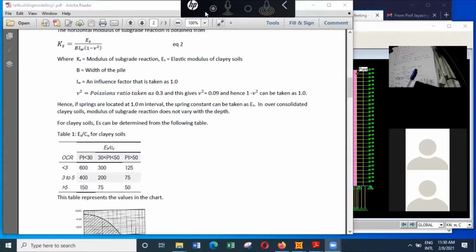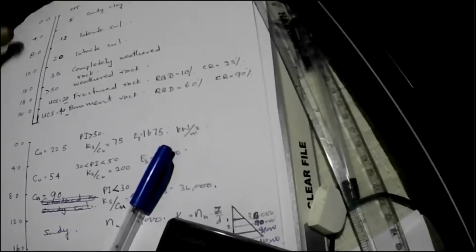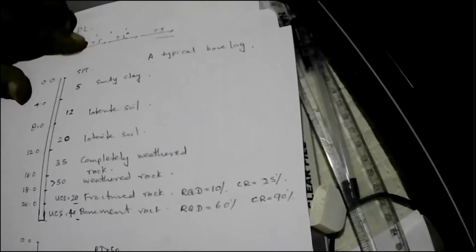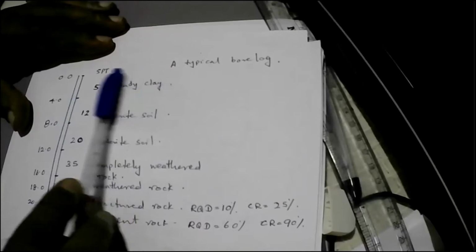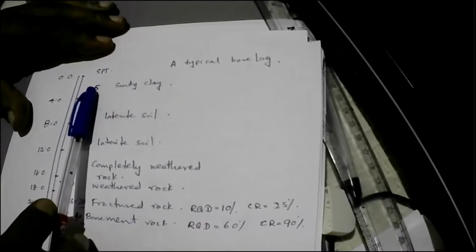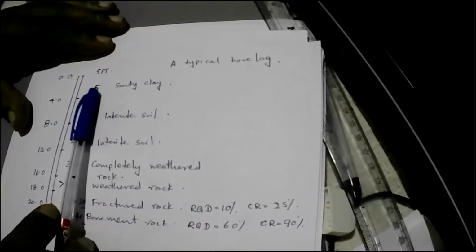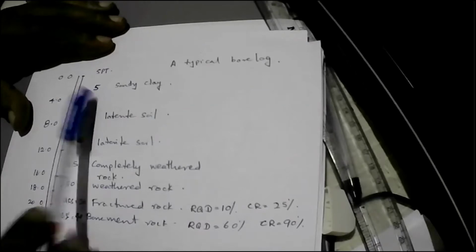and so let's take a typical bore log, but this is a bore log at a place where the soil is reasonably good, where you have something like, let's say, for the first 4 meters, fairly weak soils, a sandy clay, having SPT of only 5.